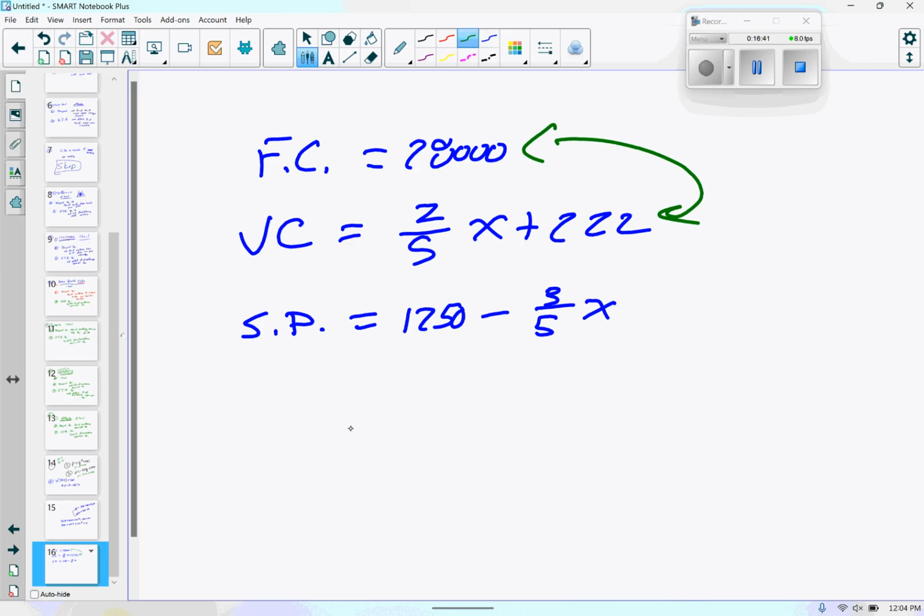That's going to give me the actual cost, which will be 2/5 X plus 2822. And then the other one was the selling price, which we have right there.